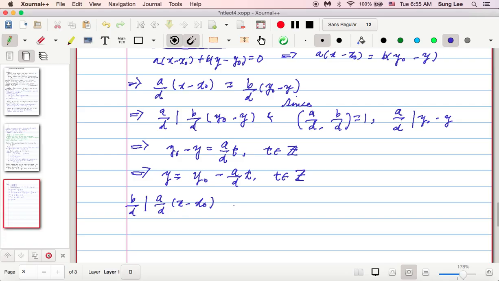And we also know a over d and b over d are relatively prime, so that implies b over d divides x minus x naught.